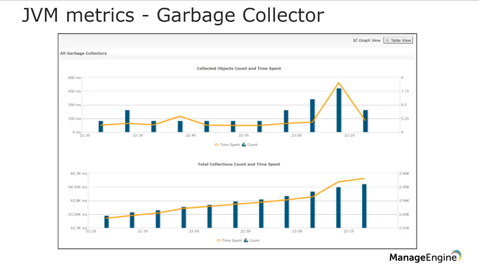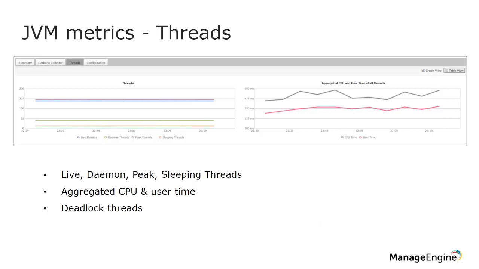You can visualize all garbage collectors and the collection count, as well as the time spent for those garbage collection activities. And most importantly, you can see the threads, the thread counts, the thread status, whether the threads are running, blocked, waiting, or queued. All of these individual thread details can be visualized with the help of the Java agent.